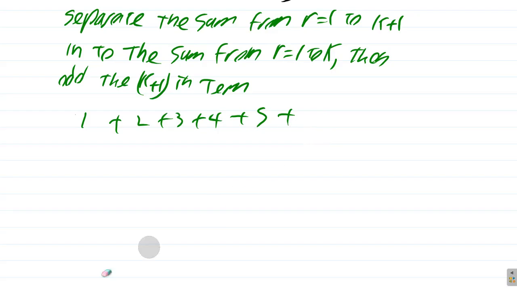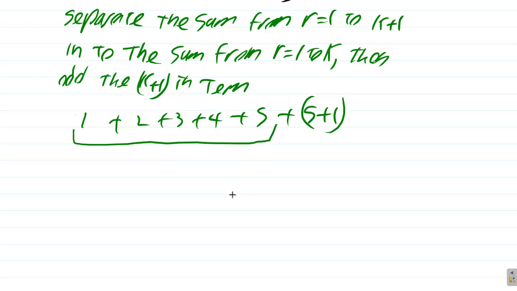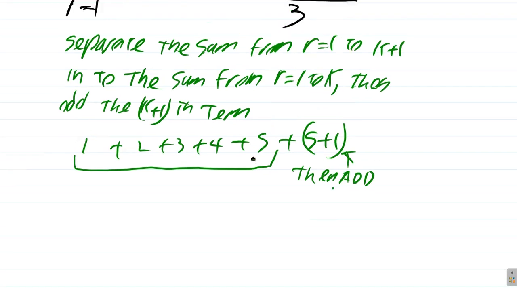So you say, alright, going from r equals 1 to 5 plus 1 is the same as summing up from r equals 1 to 5, then you add the 6th term, which is the 5 plus 1th term. Same thing.